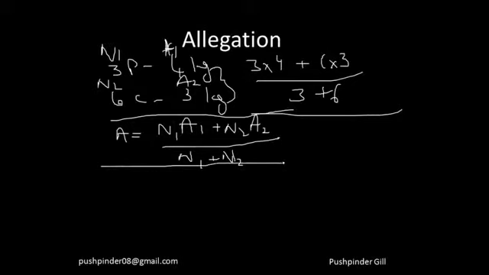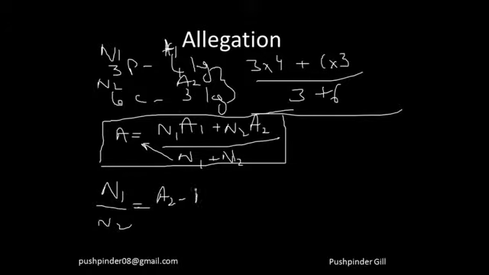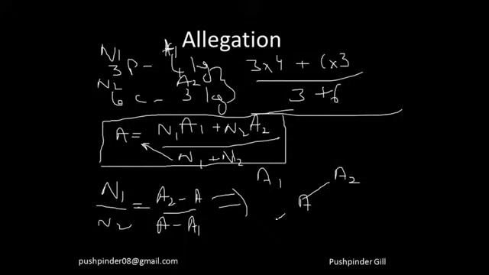Now if you rearrange this equation, taking some things to the other side and taking some things common, you'll get N1 upon N2 equal to A2 minus A upon A minus A1. So you'll get this, right? If I draw it in a diagram, I keep A1 here, A2 here, A here; this minus this is going to give me this, and this minus this is going to give me this.